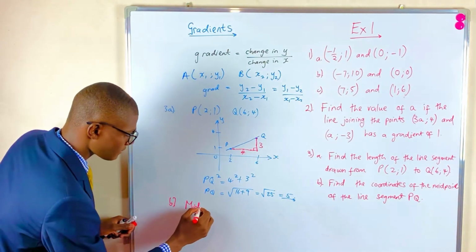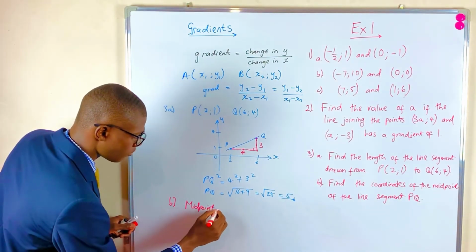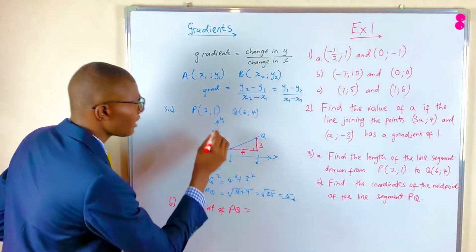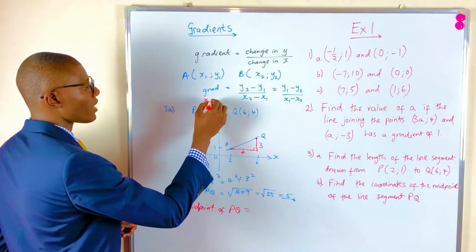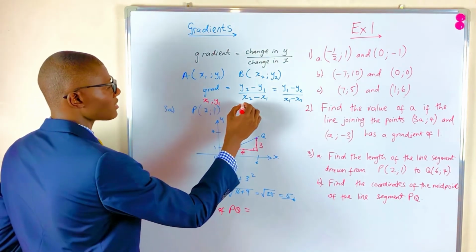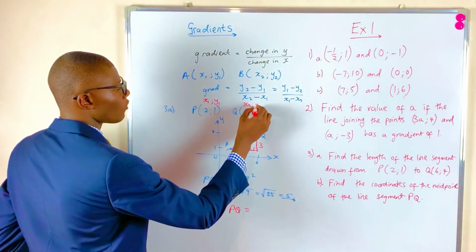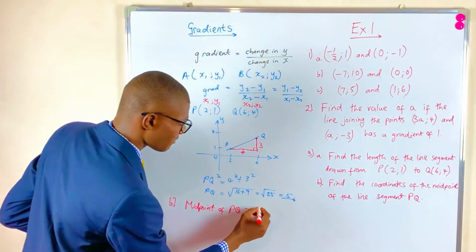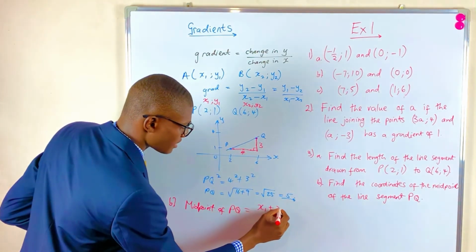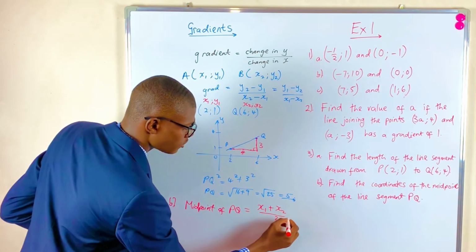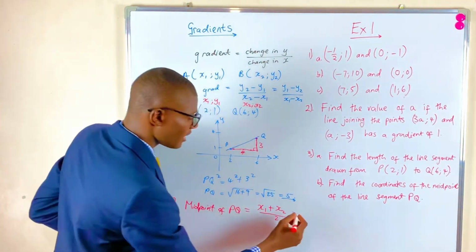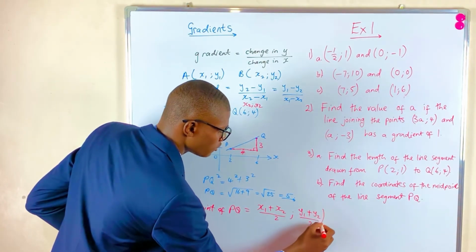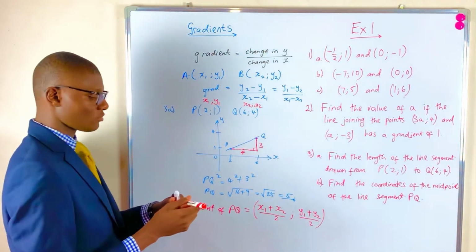The midpoint of PQ is given by (x1 plus x2) over 2 for the x coordinate, then for the y coordinate, (y1 plus y2) over 2. So this would be the midpoint.